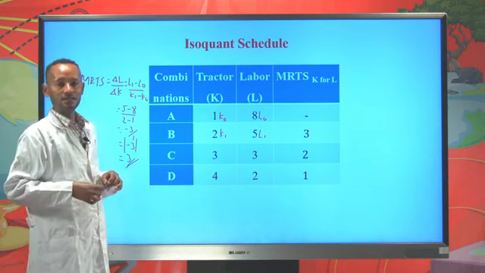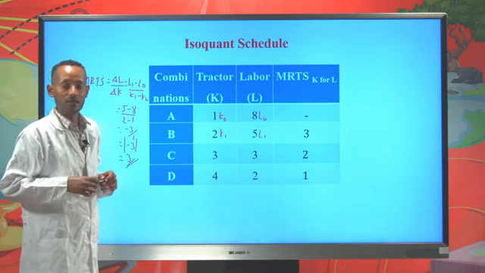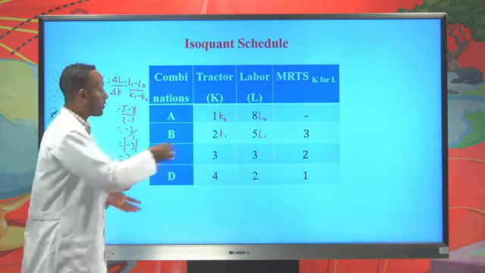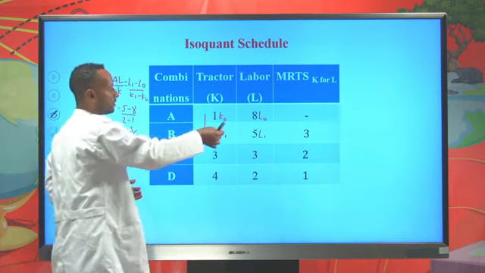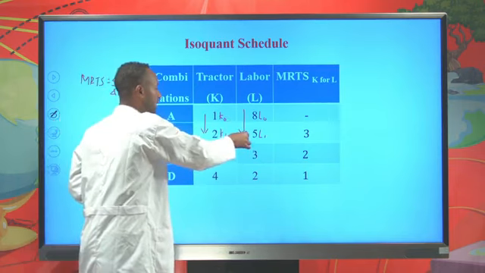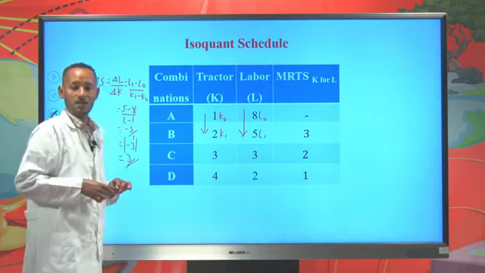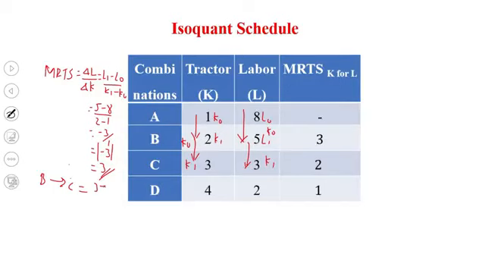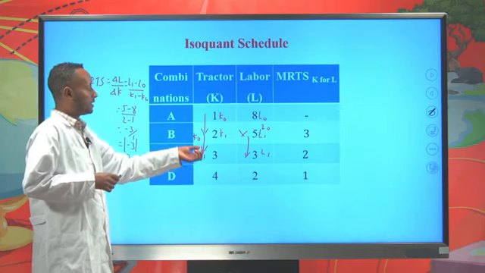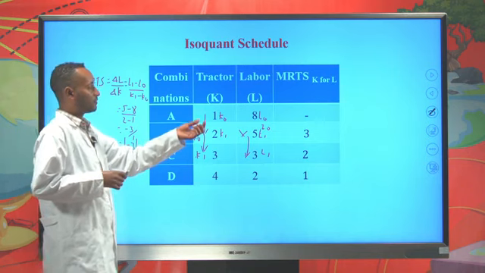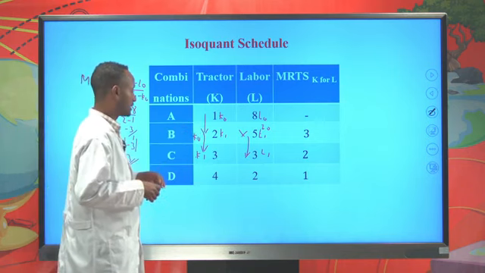This indicates that as we increase the variable input tractor from 1 to 2, if the variable input labor decreases from 8 to 5, then we are substituting 1 tractor for 3 labor. Again, as we come across from combination B to C, if the variable input tractor increases from 2 to 3, then the variable input labor decreases from 5 to 3.